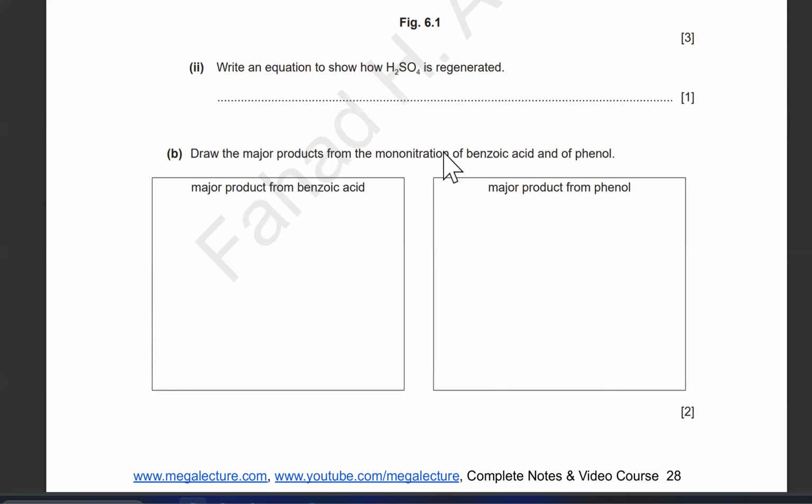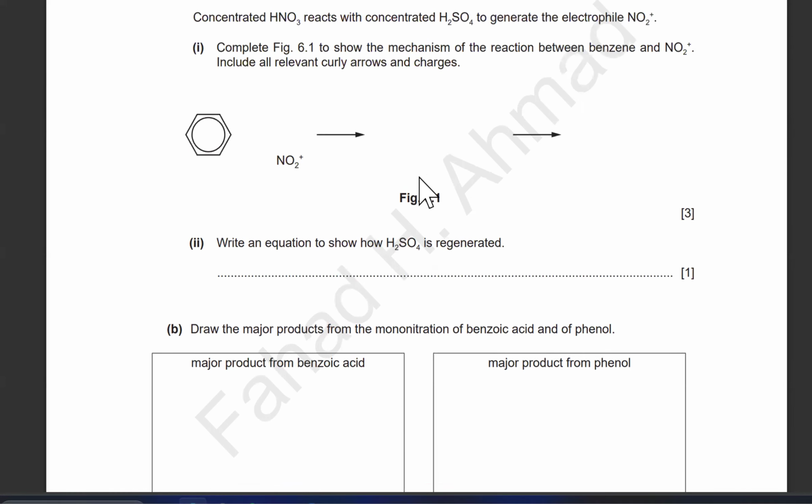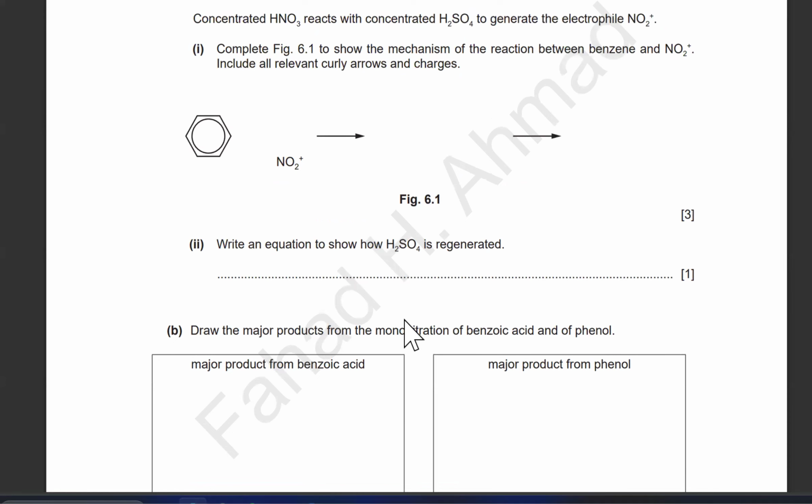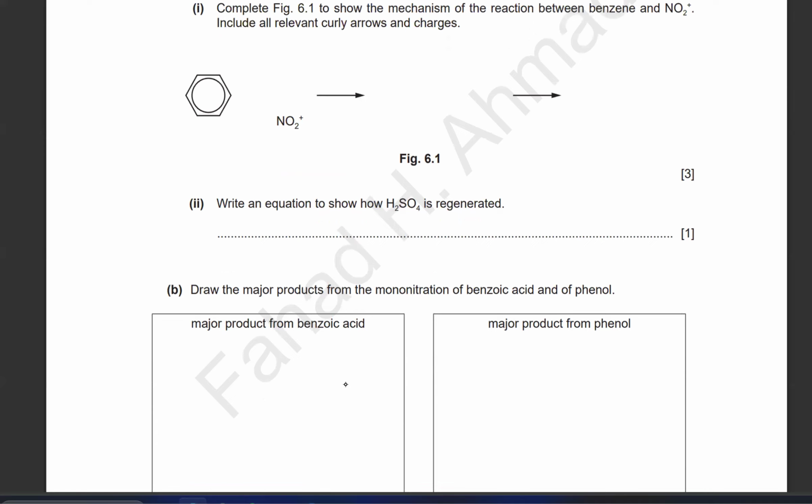Draw the major product of the mononitration of benzoic acid and of phenol. Major product, right? Mononitration means single nitration. So if it's benzoic acid जो था ना, that was an electron withdrawing group. So in the case of benzoic acid, I guess it's going to be 3,5. So the NO2 will get attached to position number 3.